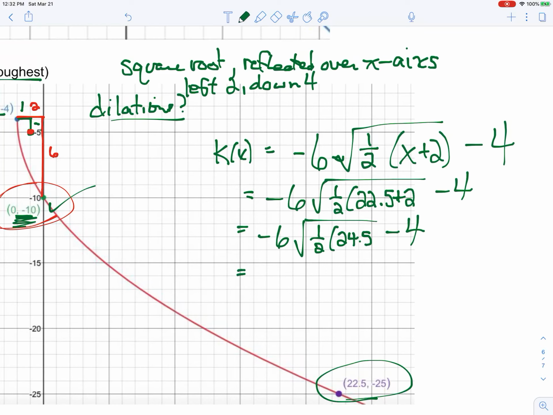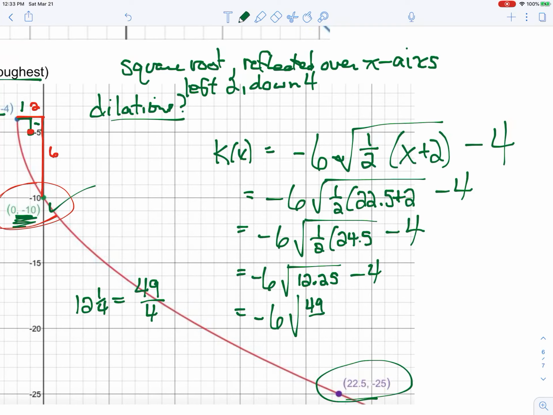Working from inside out, that's -6 times the square root of, half of 24 is 12, and half of 50 cents is .25, minus 4. Don't get your calculators out just yet. Let's analyze this. 12.25 is 12 and a fourth. That's the same as 49 fourths. Can we do that without a calculator? Yes, we can.